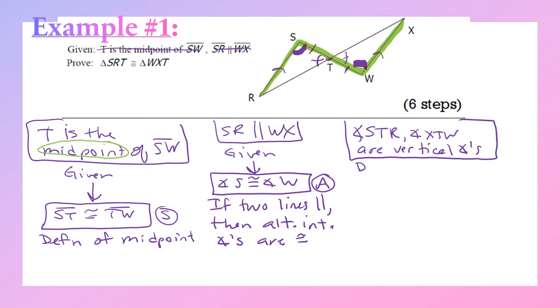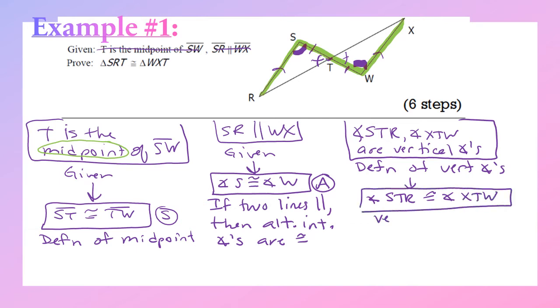I know that because of the definition of vertical angles. And then what do we know about vertical angles? Well, we know that they are all congruent. So we can say that angle STR is congruent to angle XTW because vertical angles are congruent.